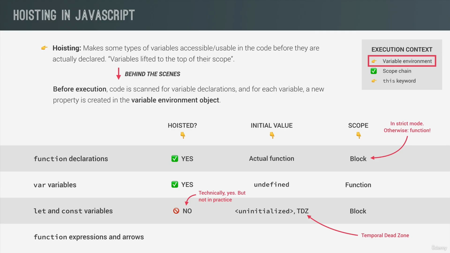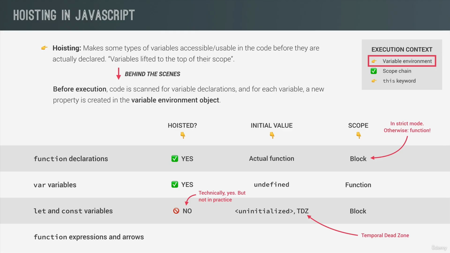Also, keep in mind that let and const are block scoped, so they exist only in the block in which they were created. And all these factors together is basically the reason why let and const were first introduced into the language, and why we use them now instead of var in modern JavaScript.